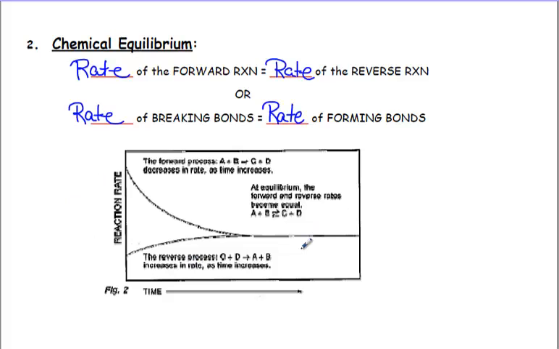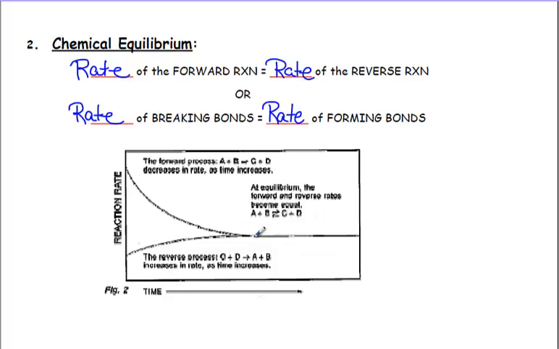So here in this diagram, I know it's hard to see and it's not very important, but the forward process, A plus B, is going to form C plus D, and decreases in rate as time increases. The reverse process, same thing, C plus D is going to form A plus B and increases in rate as time increases.